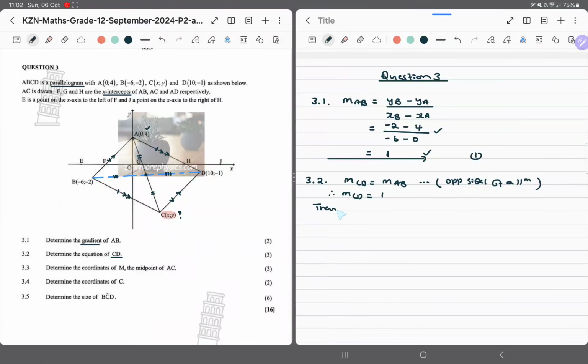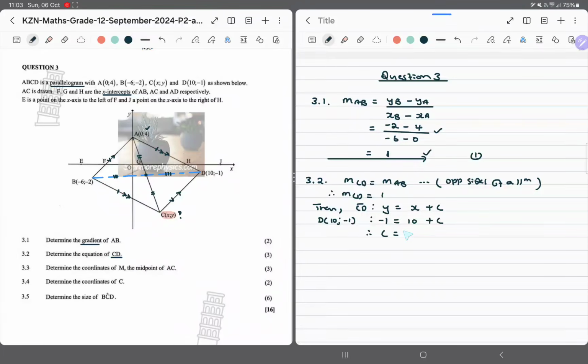We then proceed and say our line CD is such that y equals, now the gradient is 1, so this is just going to be x plus c. Then we take the coordinates of D and substitute them. So this is minus 1 equals 10 plus c.